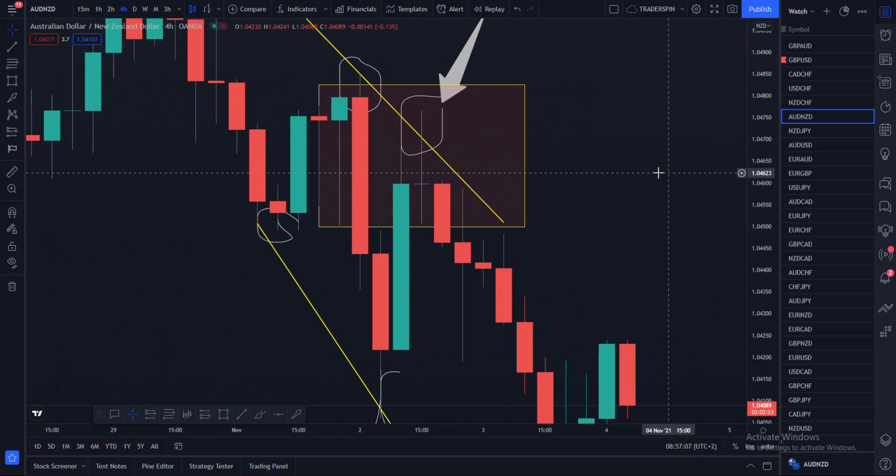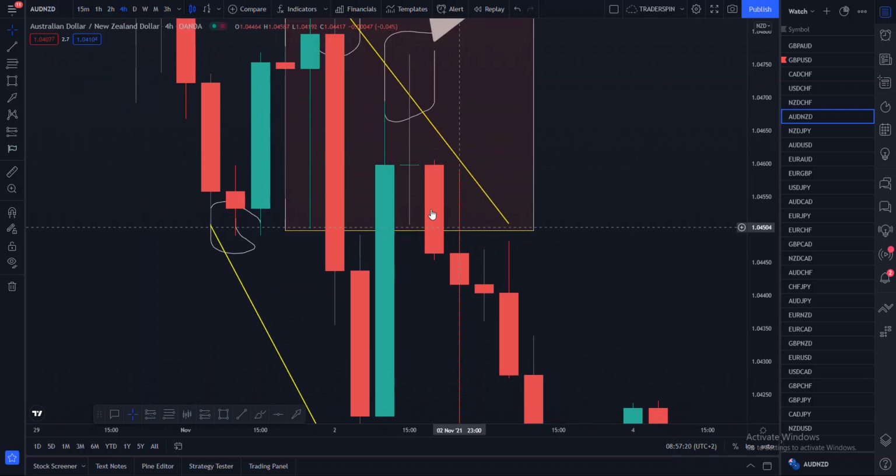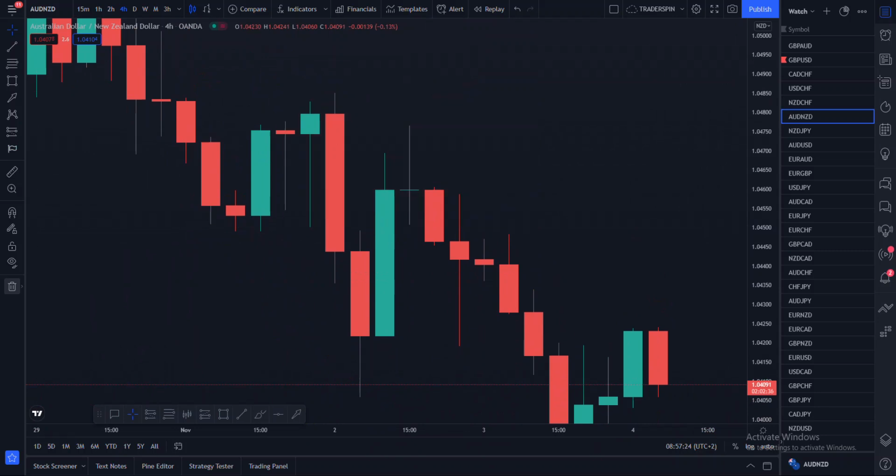If you were trading using the daily order block and you do not get your candlestick pattern on your 4-hour time frame, you wait to see if it will form on your daily time frame, and then you can see here that it actually gave us this nice cool pattern of ours.